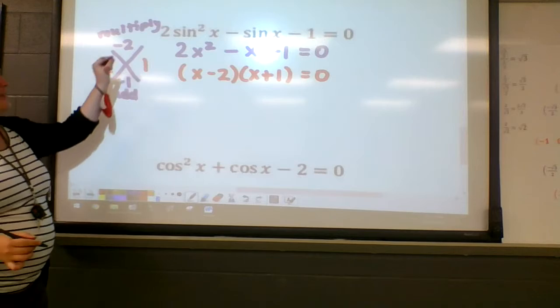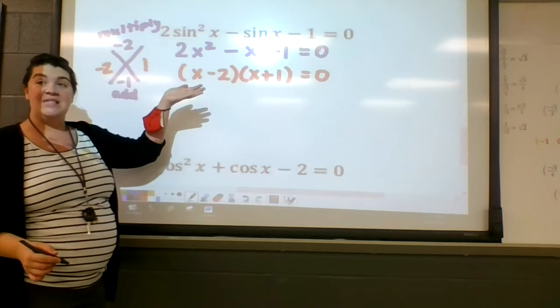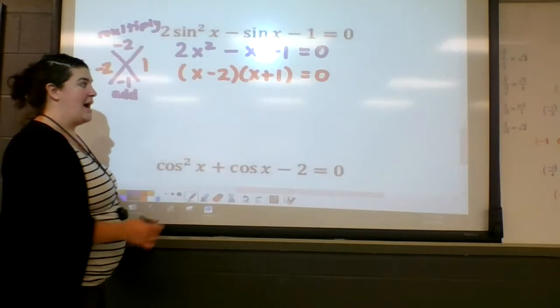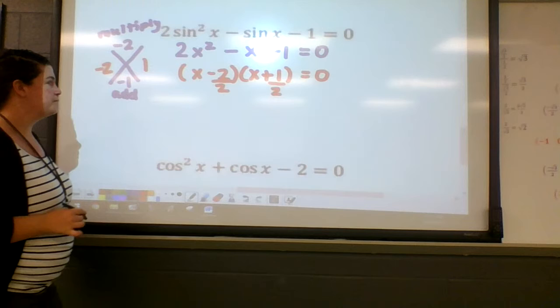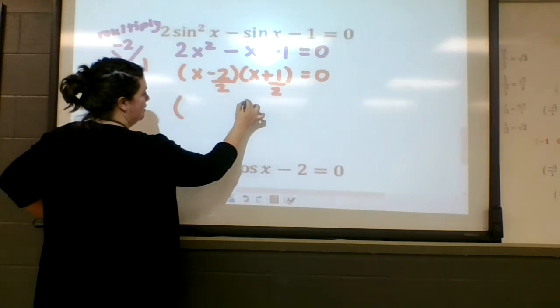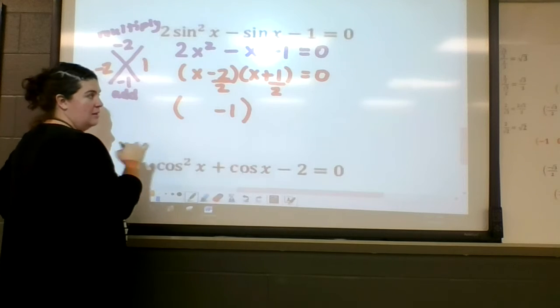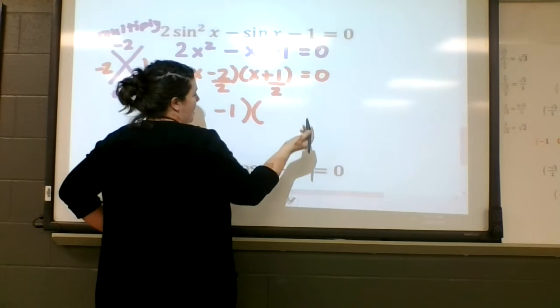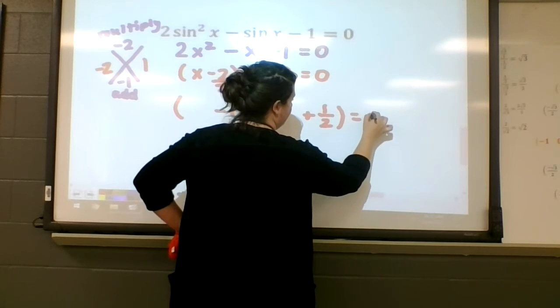And if you remember, technically when you multiply the 2 in, you have to go back at this point and divide it back out. So both of these numbers get divided by the 2. So here we have 2 divided by 2, so negative 1. And on this side, 1 divided by 2 is still just a half, right?